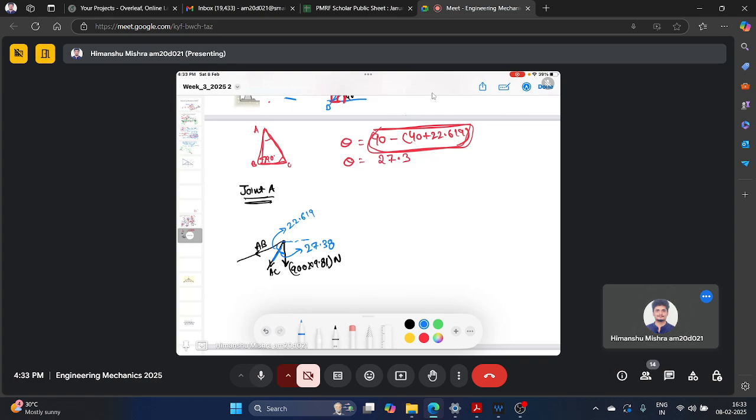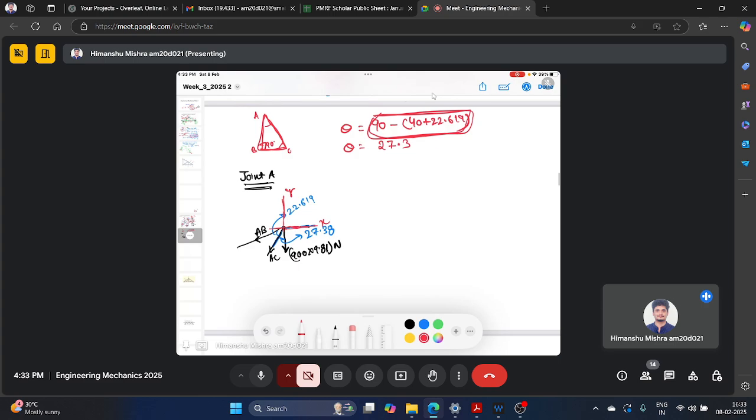Because we wanted to simplify the calculation, but here let me consider the usual coordinate system, because I want to show that nothing is permanent. It is actually based on our convenience only. So here I am choosing this coordinate x and y, and we want to solve for the forces AB and AC.